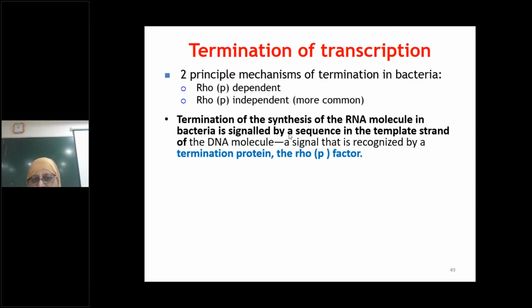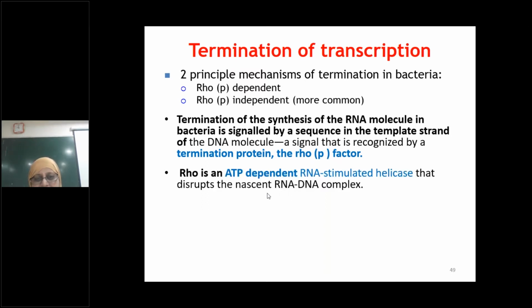This will be a signal that will be recognized by the termination protein known as Rho, or the rho factor. Rho is an ATP dependent, RNA stimulated helicase that will disrupt the nascent RNA-DNA complex.